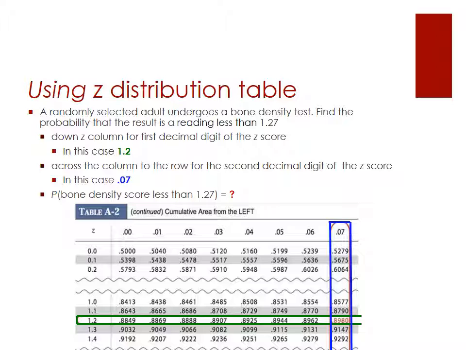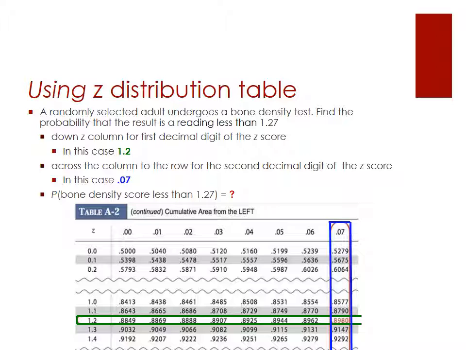So using the z-distribution table, I'm going to come down to 1.2 under the left-hand column, which we see in green. Then I go across that row to 0.07, because 1.2 plus 0.07 equals 1.27, which is what I'm looking for. So it's broken down into these two components.